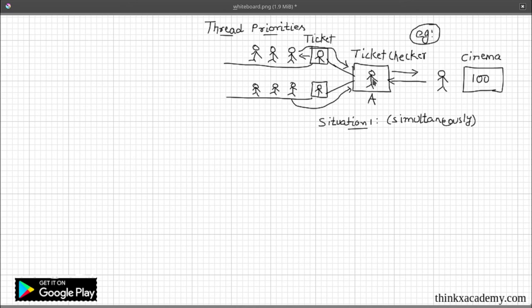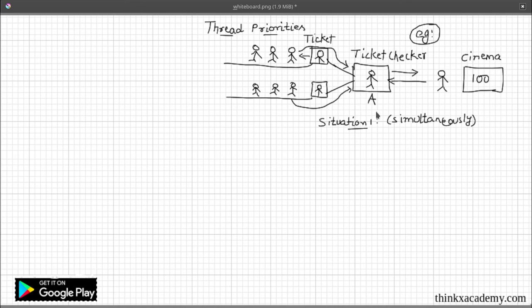But suddenly person A saw a problem here. He says that I cannot check two persons at the same instance, because person A is not a multitasking person, let's say, and he cannot check the tickets of two persons at the same time.